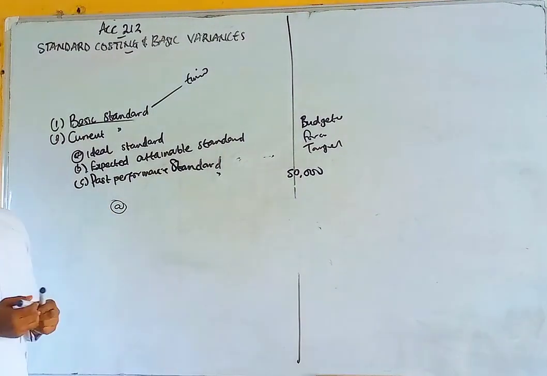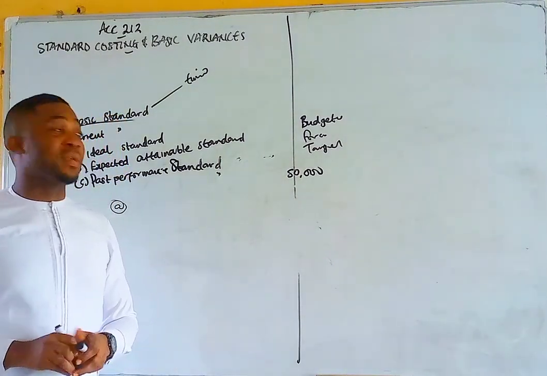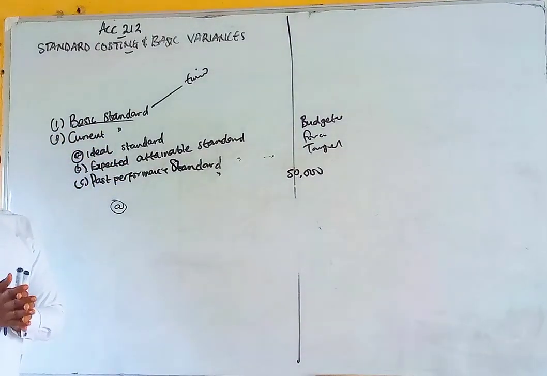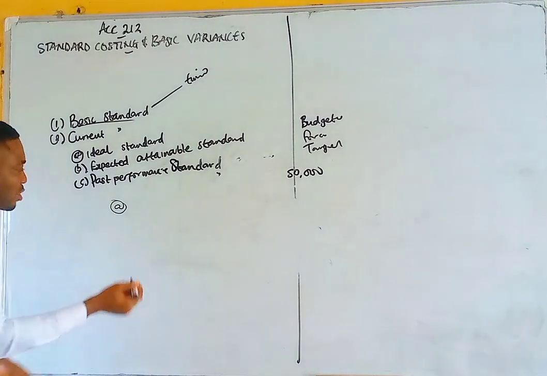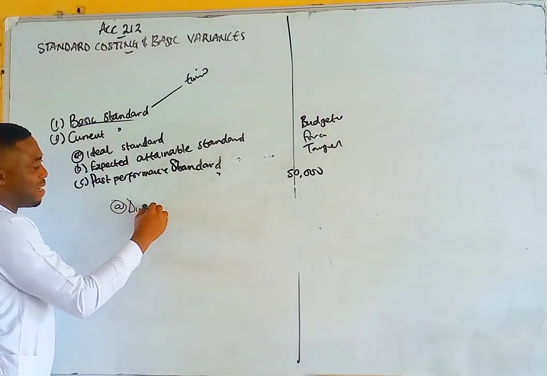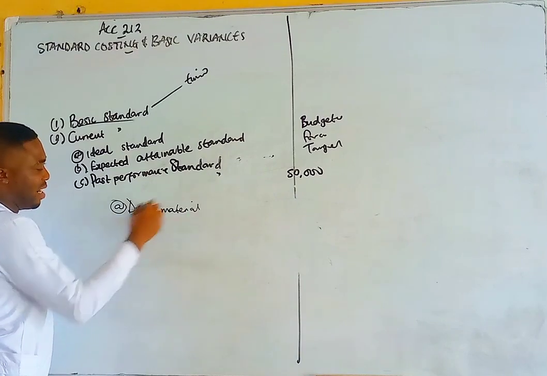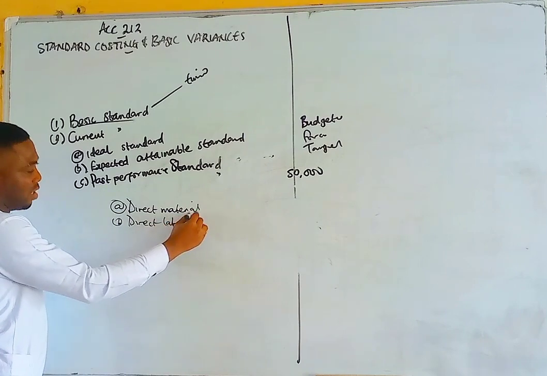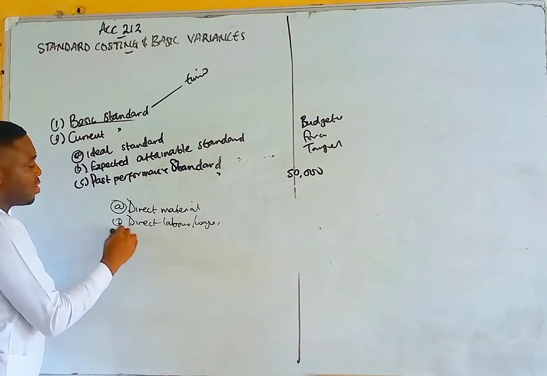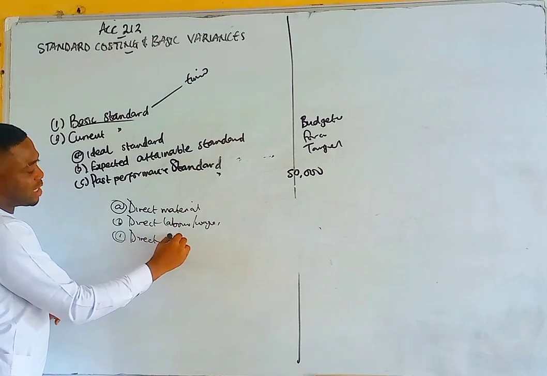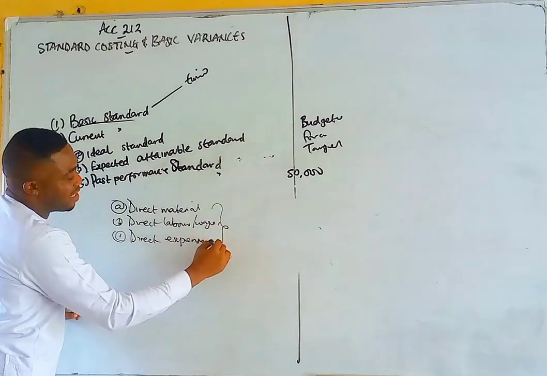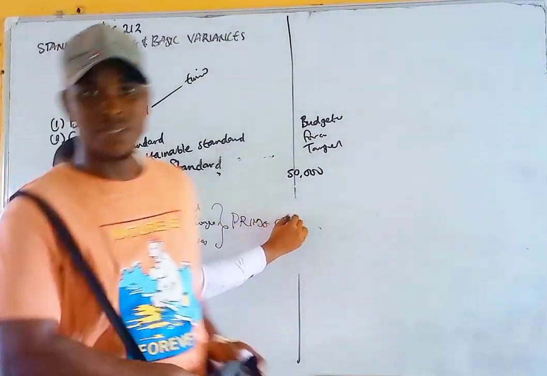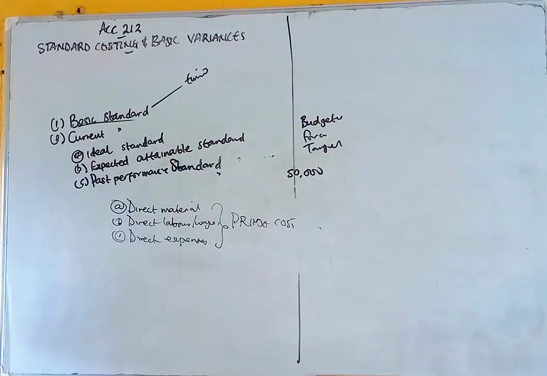If you remember the first or the second topic we looked at, it is what comprises the cost of a product. We said it comprises direct material. We also have direct wages, or labor. We have direct expenses. And remember, these three make up what? The prime cost, right? Yes.